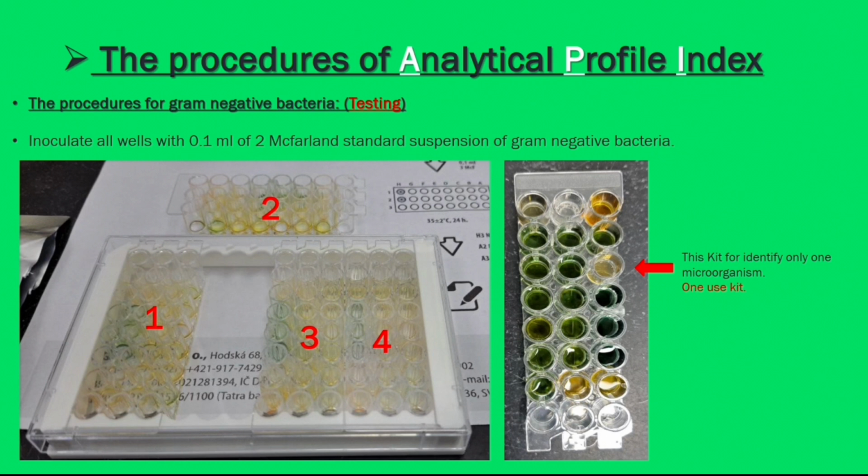This is separated into four microtitrate plates, used to identify 4 microorganisms. Inoculate all wells of one microtitrate plate with 0.1 ml of 2 McFarland standard suspension of gram-negative bacteria.